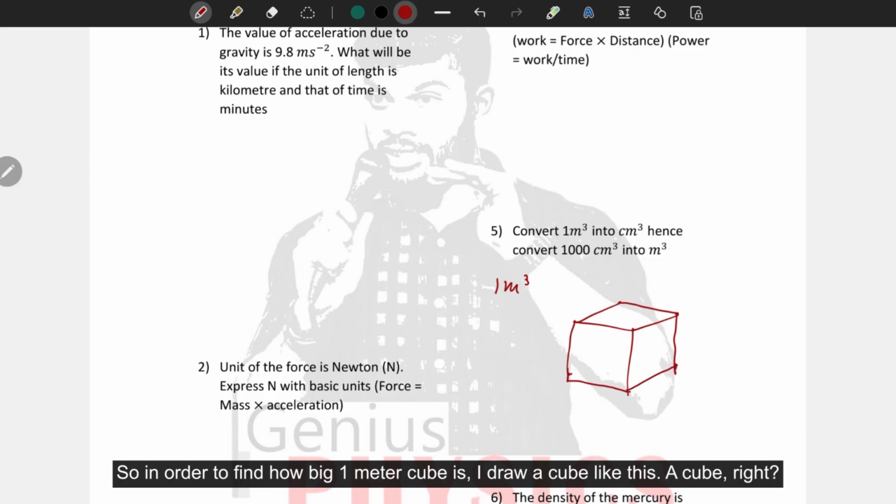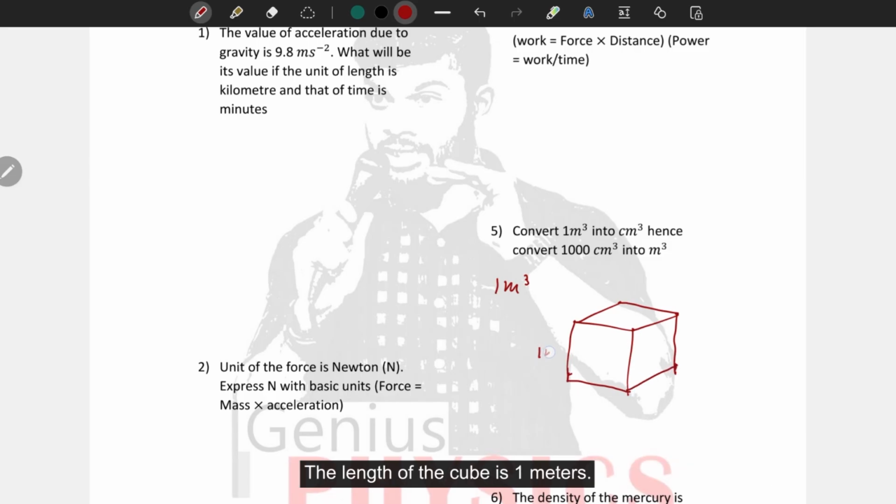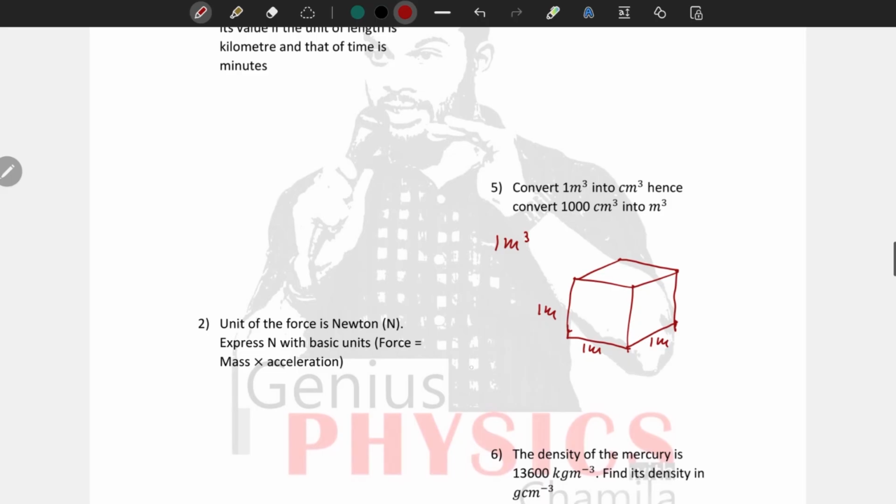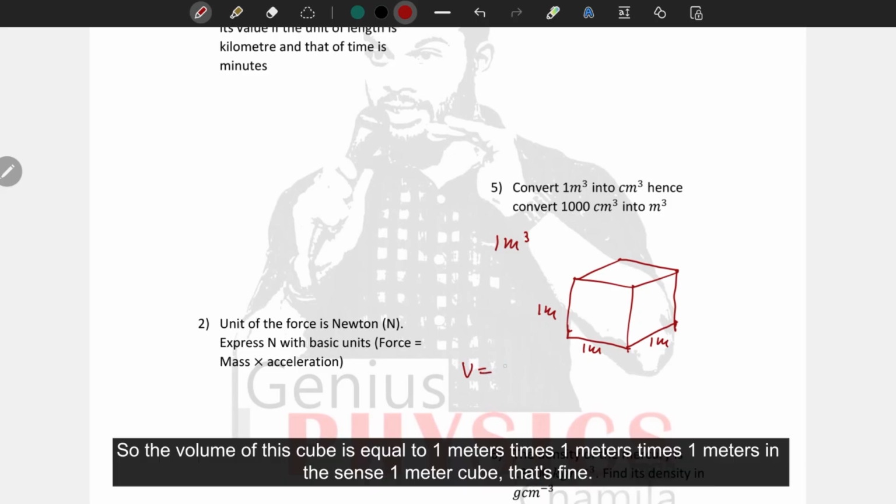The length of the cube is 1 meter, the breadth is 1 meter, and the height is 1 meter. So the volume of this cube is 1 meter times 1 meter times 1 meter, in the sense 1 meter cubed.